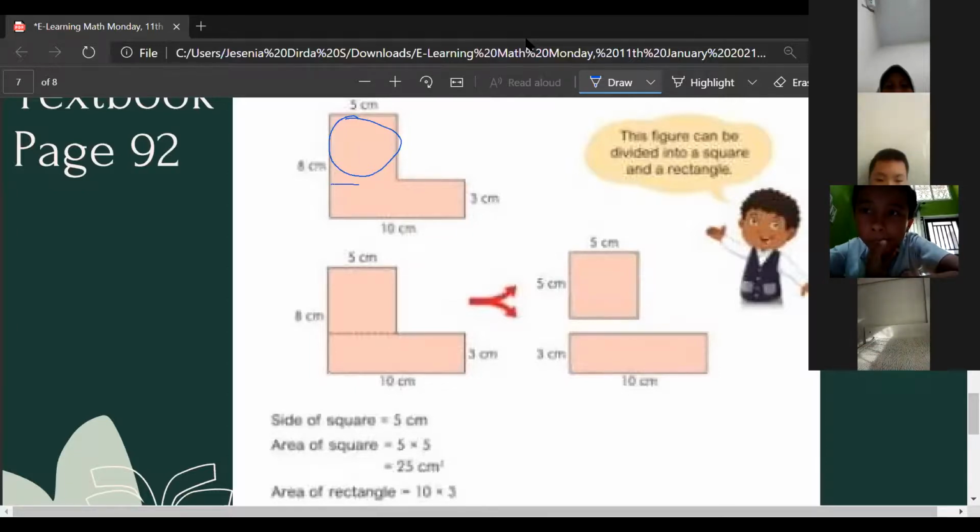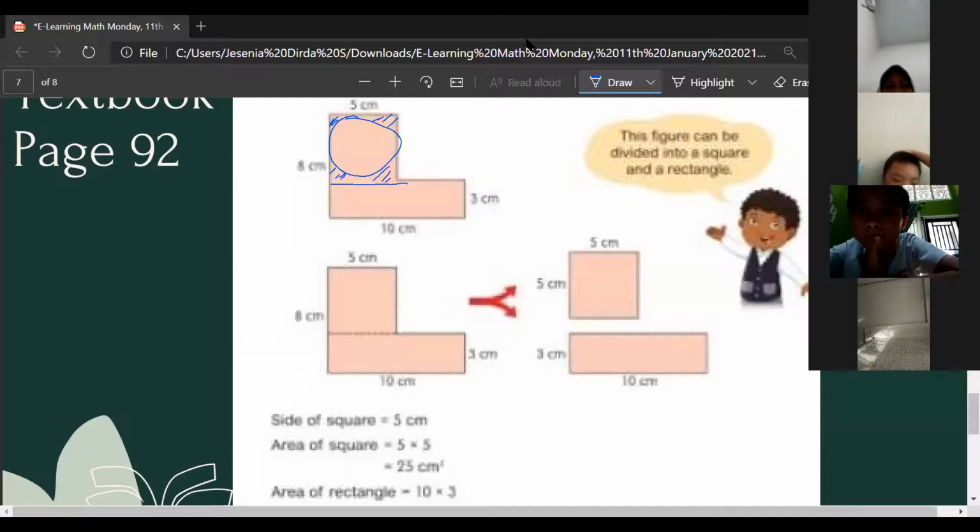Ini jadi rectangle, Miss. Okay. Terus the rest sisanya apa? Rectangle. It's difficult for you kan? Jadi jangan sembarang meng-cut the composite figure into the basic figures. Make sure you know gambar ini kira-kira kalau dipotong cocoknya jadi gambar apa aja ya.